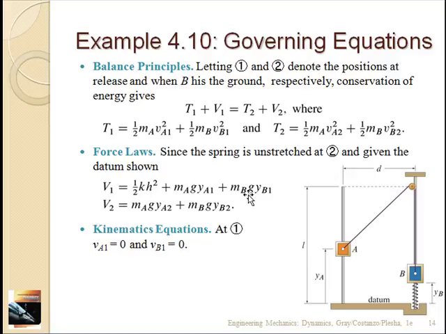And then the massive particle B times g times y_B1, and that's our 2 meters. Then V2, the final potential energy, depends on the final height of block A plus the final height of block B.